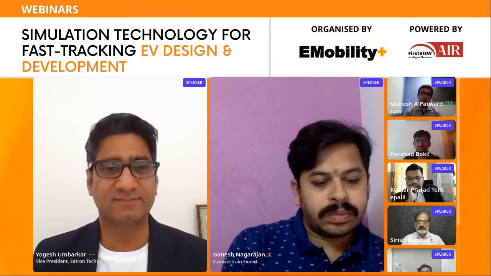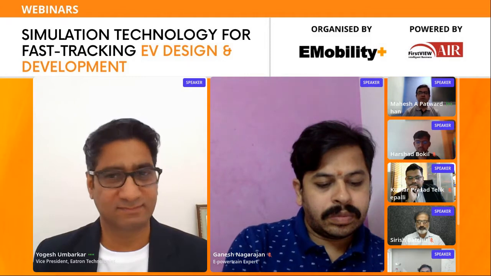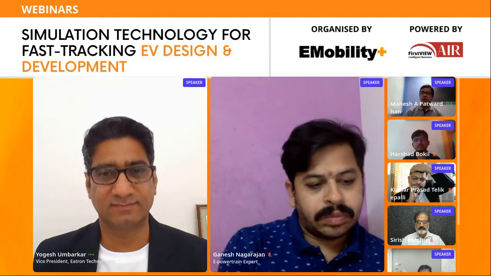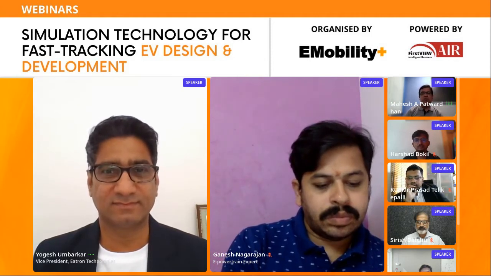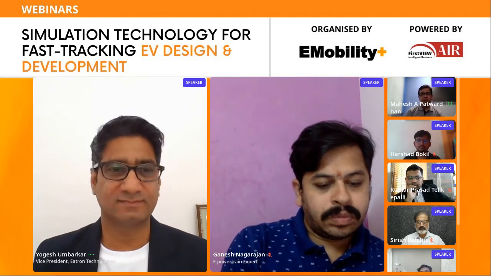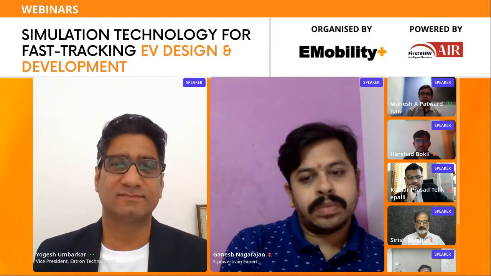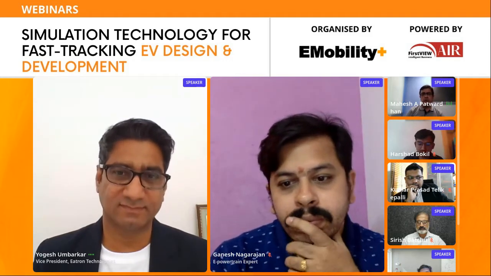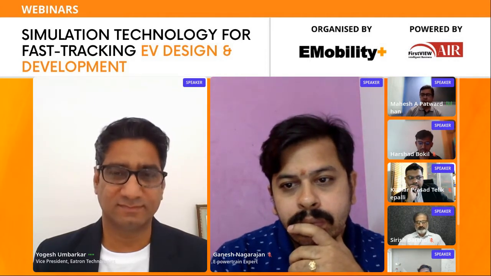One is structural, which is pretty much common as far as conventional vehicles are concerned, and all the codes that are presently in the market are time tested, and they reasonably predict with very high accuracy the structural performance in different events like crash, durability events, impact events, accidental scenarios, and that holds pretty much good even for EV vehicles. Let that be two wheeler, three wheeler, four wheeler, or HCV kind of applications.